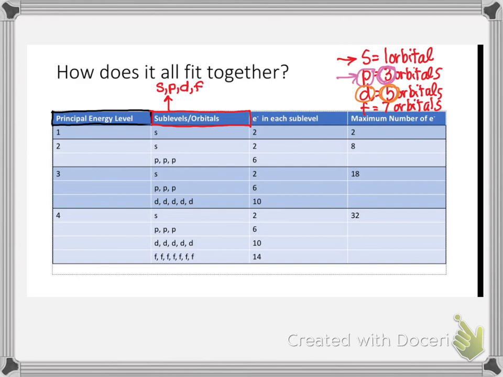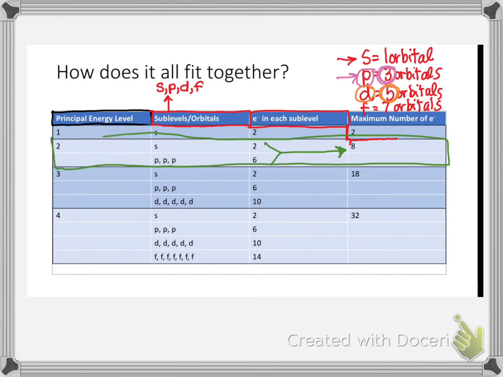And then for the electrons in each sublevel, if you take the number of orbitals and multiply it by 2, you get how many electrons. Then I added up each level. The first level can only have 2. But the second level has 2 plus 6, because this whole thing is the second level, so the second level can have 8 electrons.